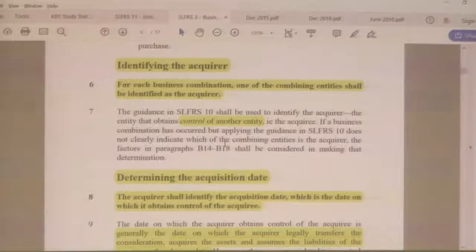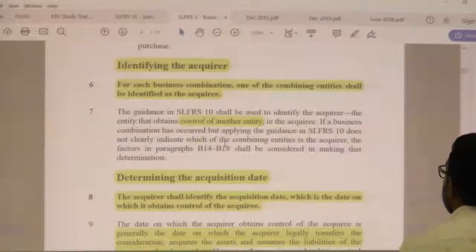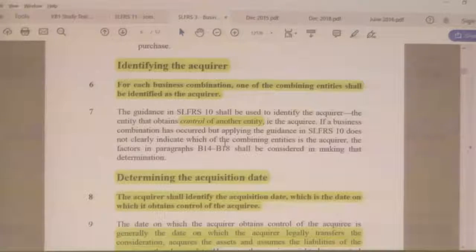For each business combination, one of the combining entities shall be identified as the acquirer. The guidelines of SLFRS 10, which is another standard used when you prepare consolidated financial statements, shall be used to identify the acquirer, the entity that obtains control of another entity.